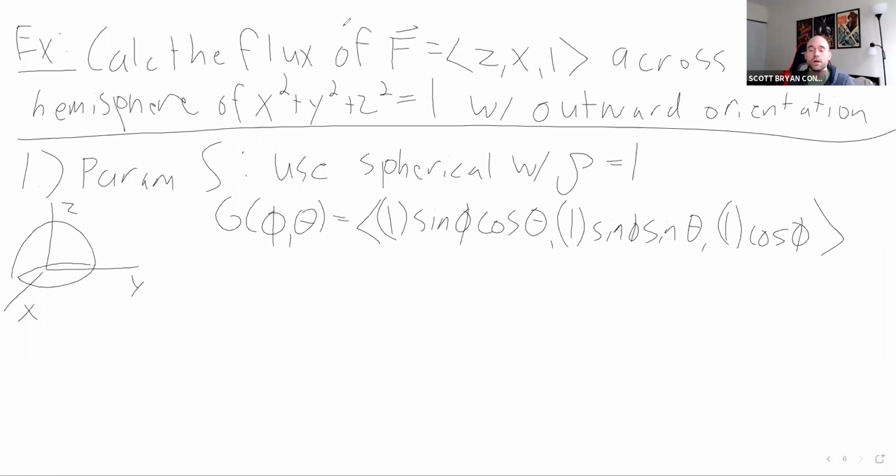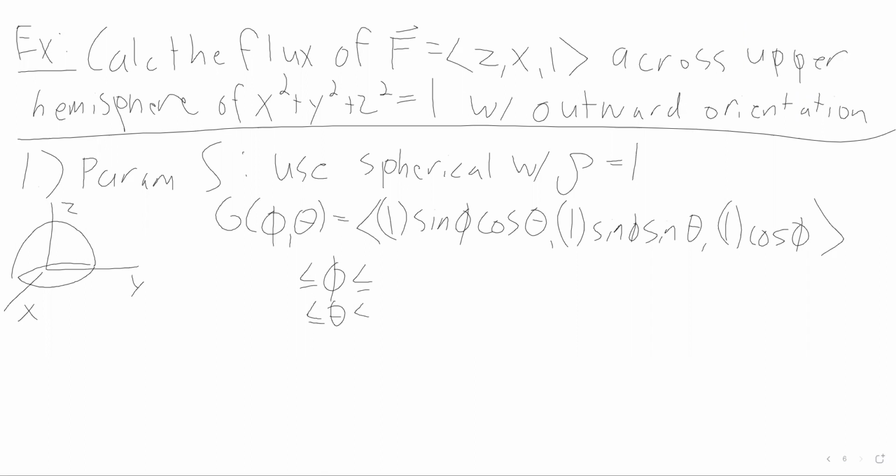And we also need to determine the bounds for phi and theta. So we get the upper hemisphere. So phi goes from what to what? Zero to pi. Close. So that would give us the entire sphere.